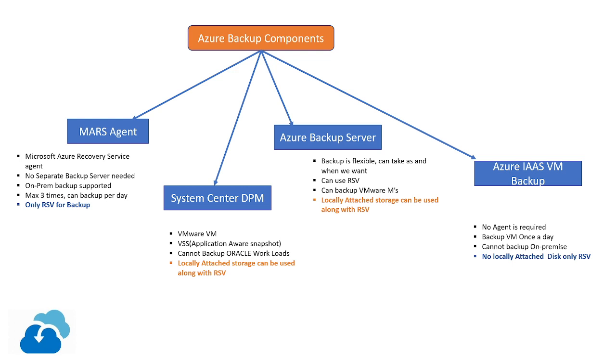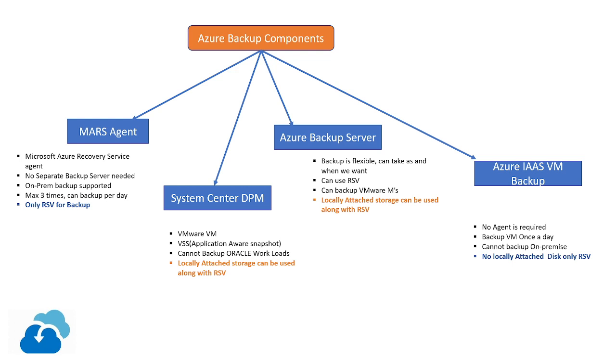If you want to back up a computer, application, or data on premises, you can go to the recovery services vault, where there is an option to download the agent. Download and install it on the computer, and from on premises you can take the computer backup to the cloud using the MARS agent.